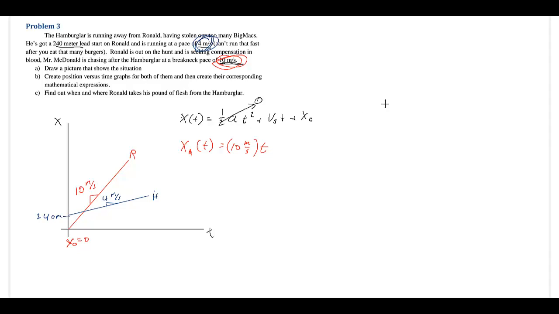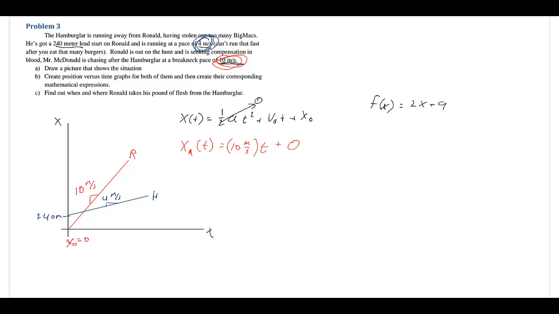In any other math class, if you were to write a function in terms of x, you would not plug in the value of x when writing out your function, 2x plus 9, right? You do not plug in x. Same thing here. If you're asked for a function of time, you do not plug in time here. All right, this is a mistake that far too many people are making for me to be comfortable with it. All right, anyway, back to the story. So 10 meters per second t plus our initial position, which for Ronald is 0.